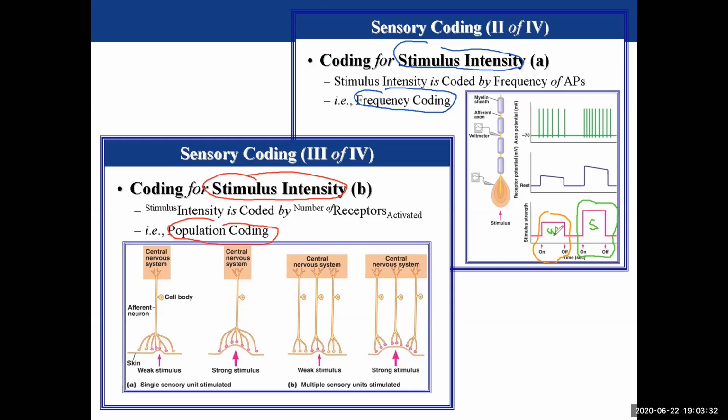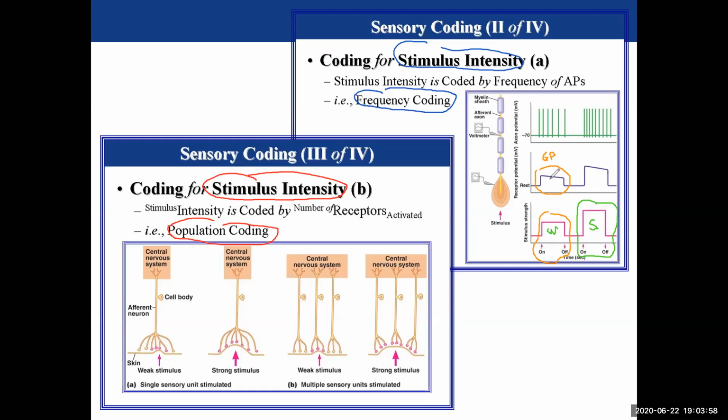So the weaker stimulus will generate a smaller graded potential. So the receptor potential here, this is a GP. So it's a graded potential. Specifically receptor potential, right?